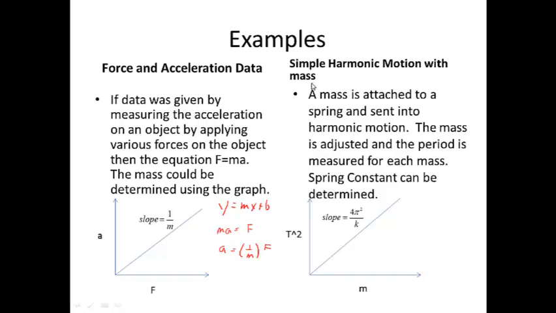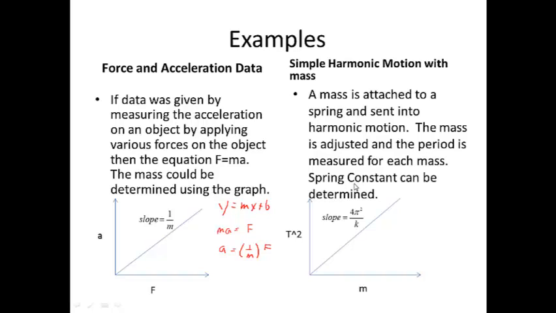Another example here is simple harmonic motion. Say in a situation you have a mass, or a variety of masses, attached to a spring and sent into harmonic motion. The mass is adjusted, meaning put in a different mass, 10 grams, 20 grams, 30 grams. And then each time the mass is adjusted, you measure the period for each mass.